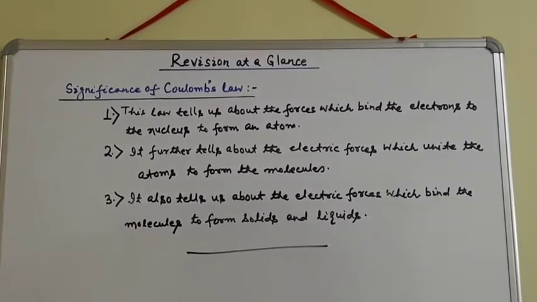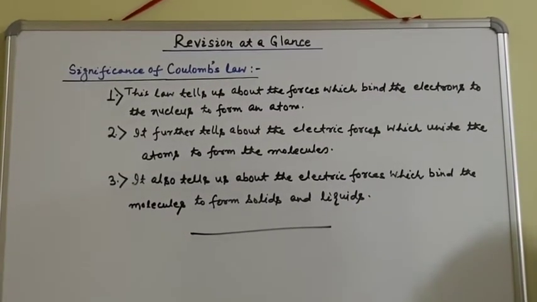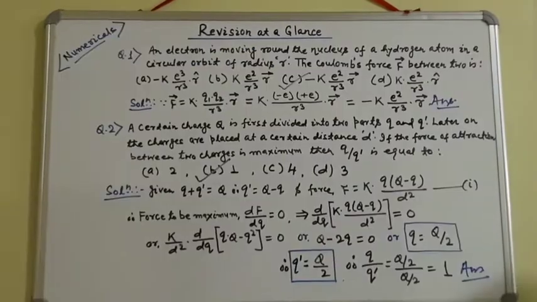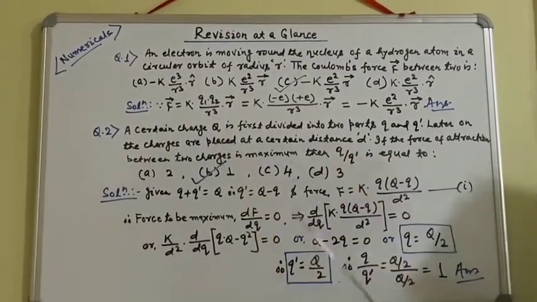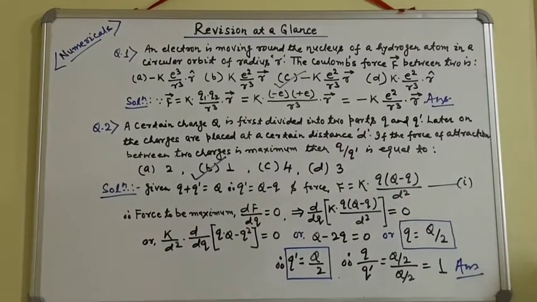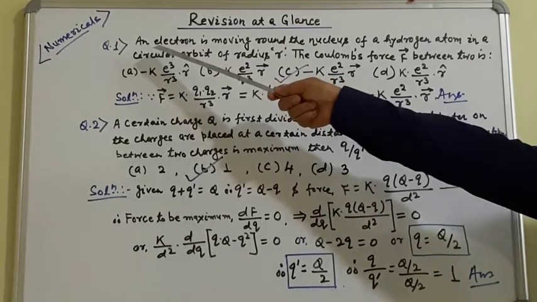Now we shall see a few sample problems on Coulomb's law, numerical problems. Now we shall see some sample numericals on Coulomb's law. First question I have written over here.